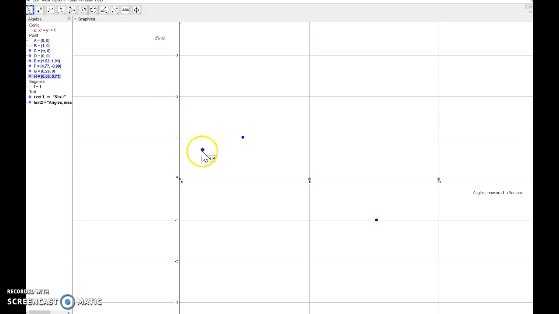I did get pretty close to 7/10, but I'm not quite at a quarter of pi. That's pretty good. And now for all of these other quarters of pi, we're going to be at about the same place.